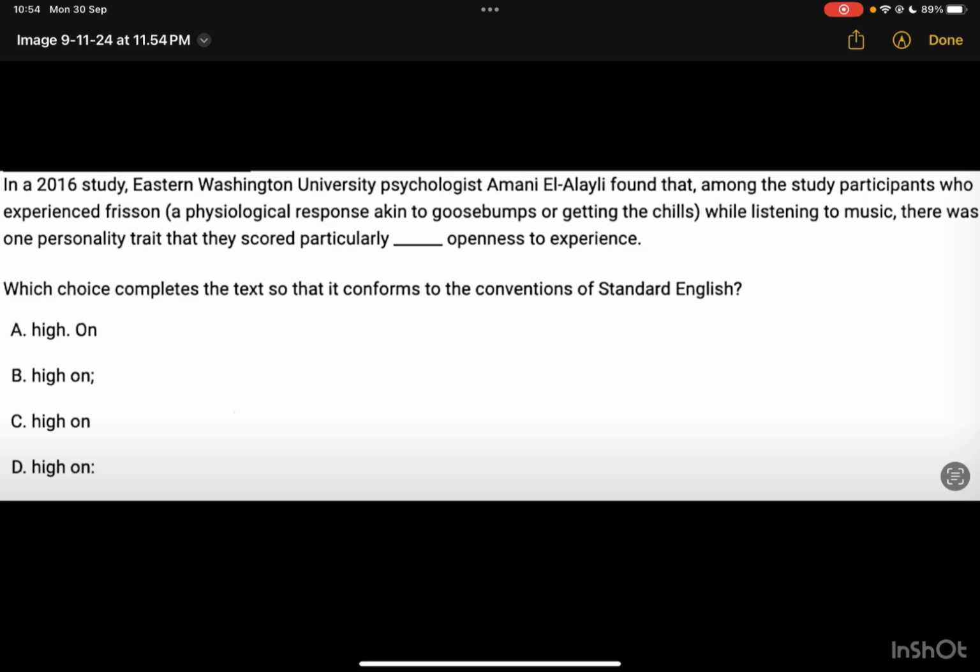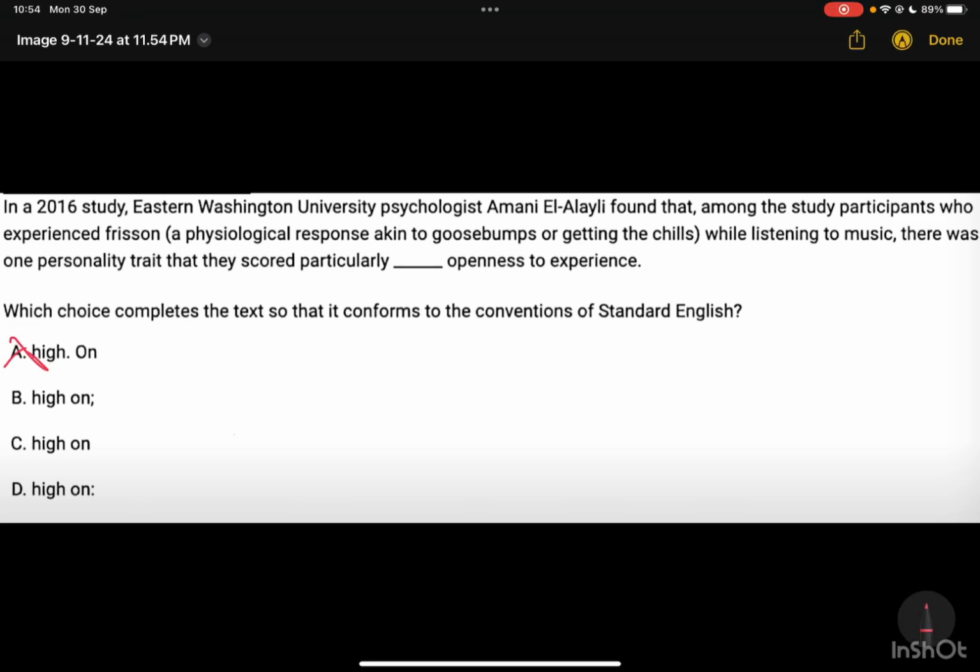So for A, high, particularly high, with a full stop, on openness to experience. It's not a complete sentence, so it cannot be a full stop. So we're going to cross out A. B, high on semicolon, openness to experience.